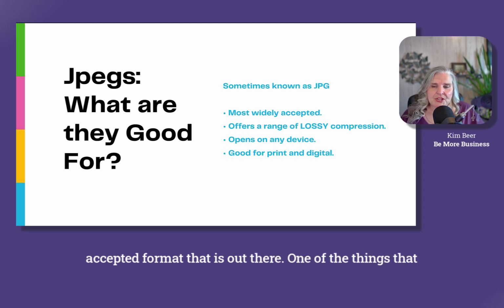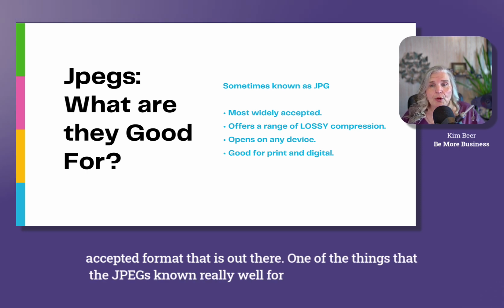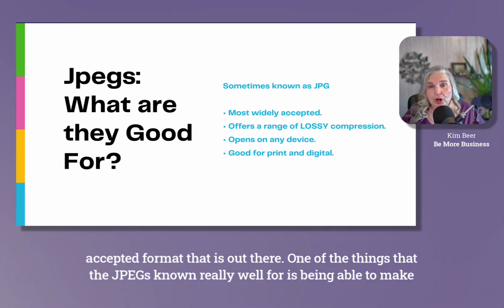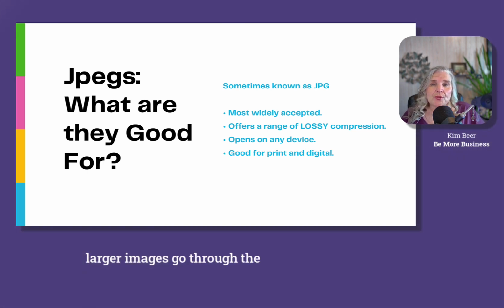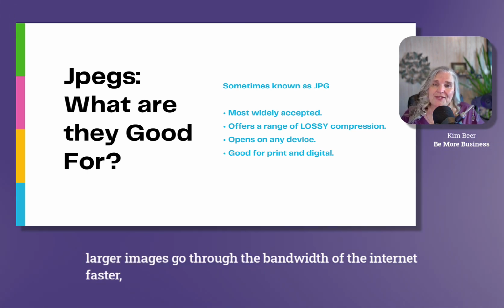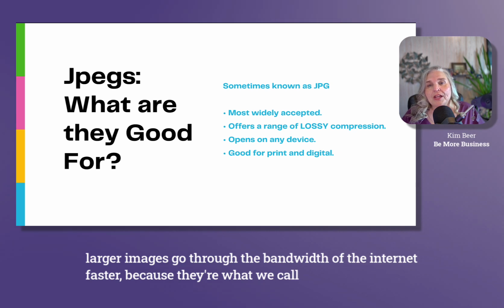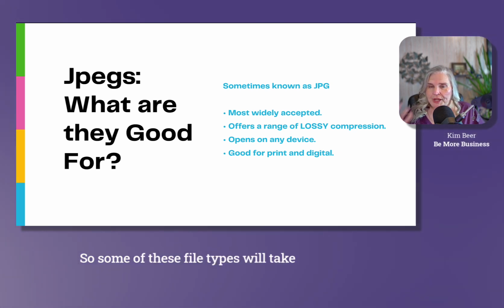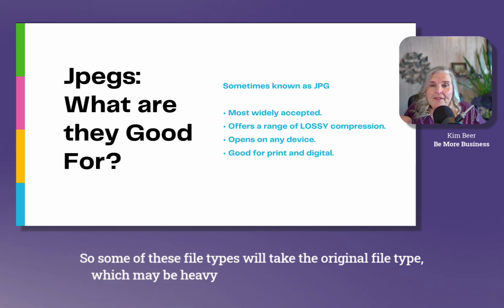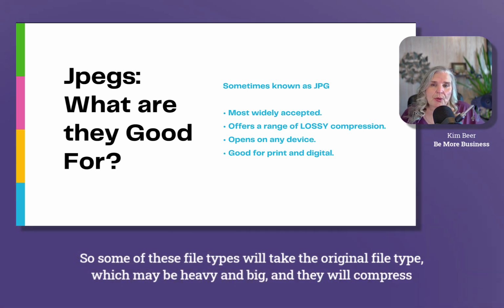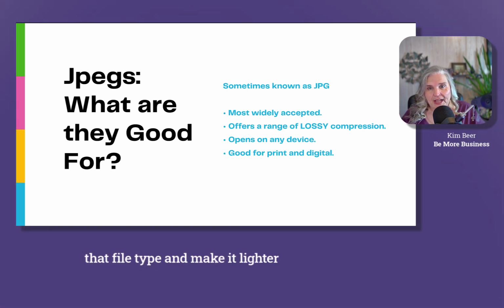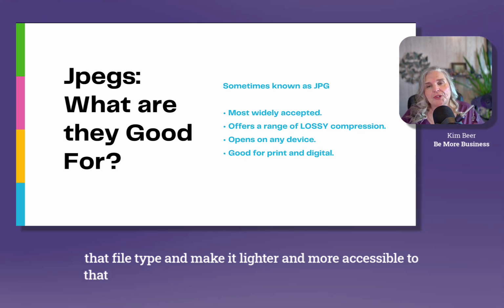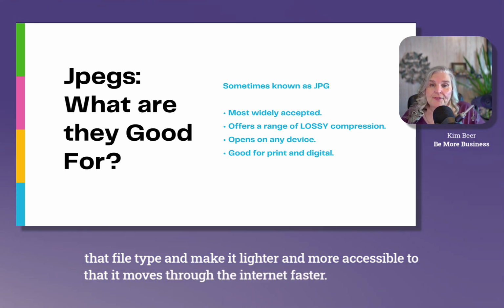One of the things the JPEG is known really well for is being able to make larger images go through the bandwidth of the internet faster because they use what we call lossy compression. Some of these file types will take the original file, which may be heavy and big, and compress it and make it lighter and more accessible so that it moves through the internet faster.